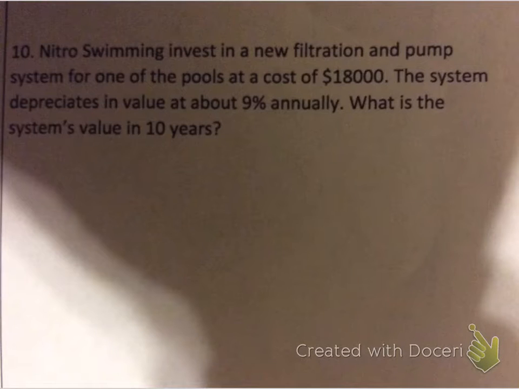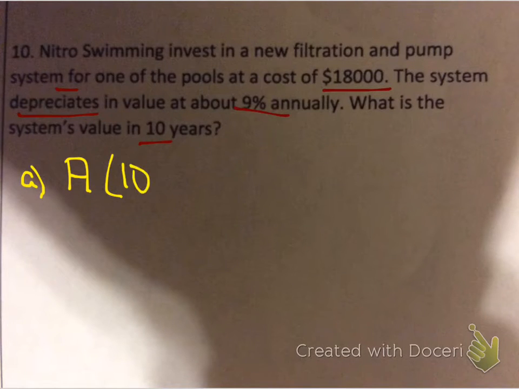All right, the last one about this nitro swimming. Look, cost $18,000, depreciates, that's a minus 9% annually for 10 years. And just in case some of y'all complain you can't see, there you go. Switching to yellow. All right, so again, for part A, 10 years, initial amount is $18,000.